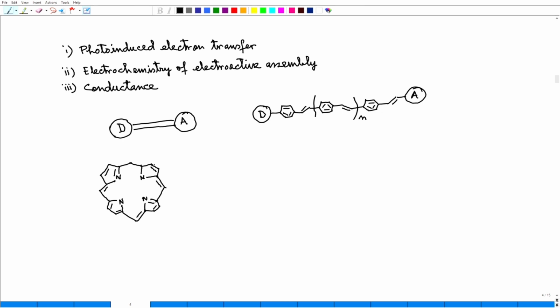So, this is one side. I have to make the other side also.